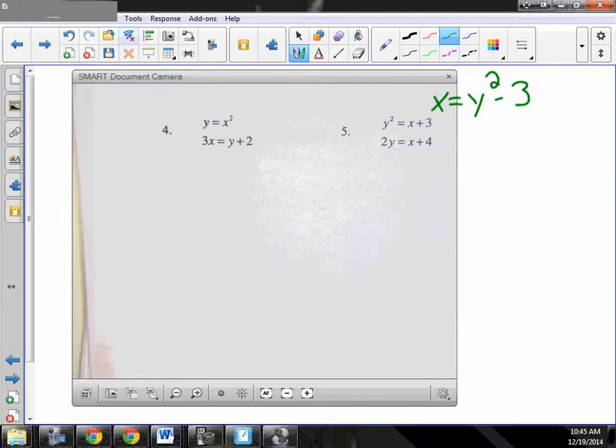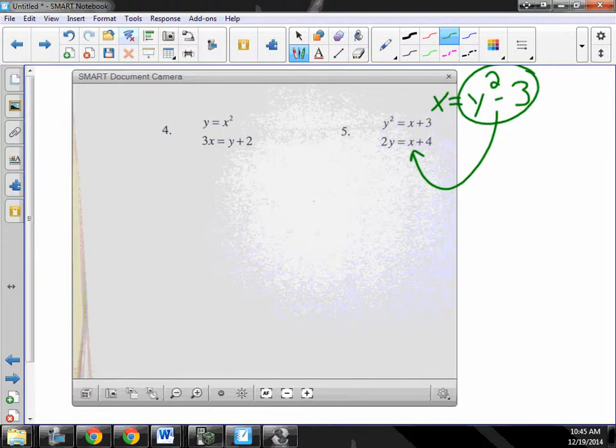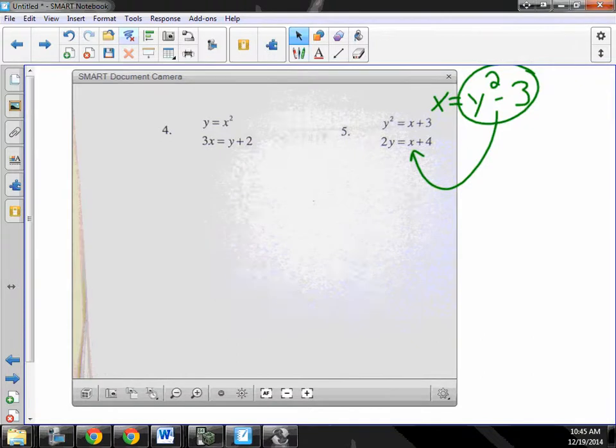And then you would plug this in here and move everything to one side and factor. Okay? If you create a new quadratic and it doesn't factor, or if you don't like factoring, just graph it, find the roots, and then plug those x values back in. Okay? Good. Get to work. Good luck.